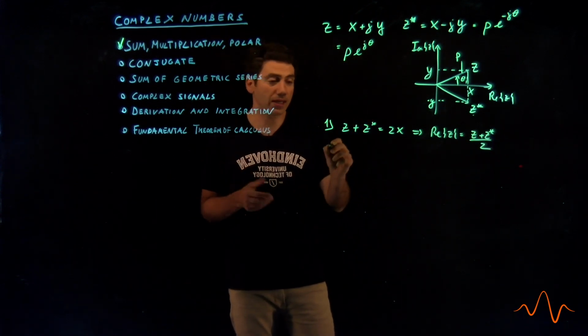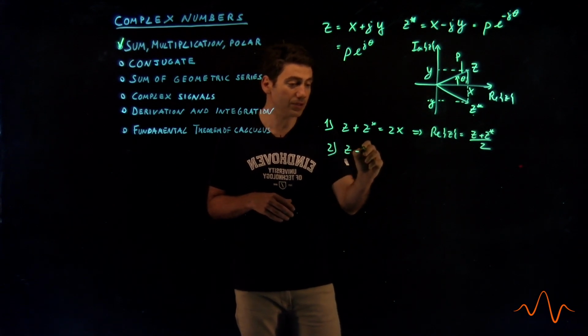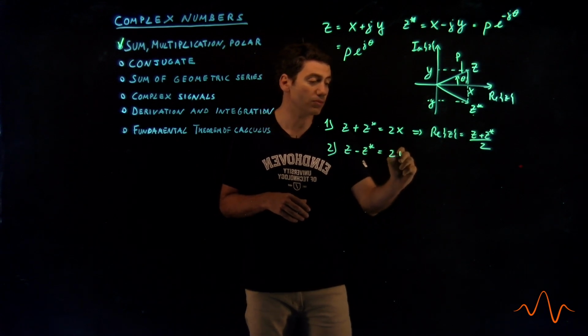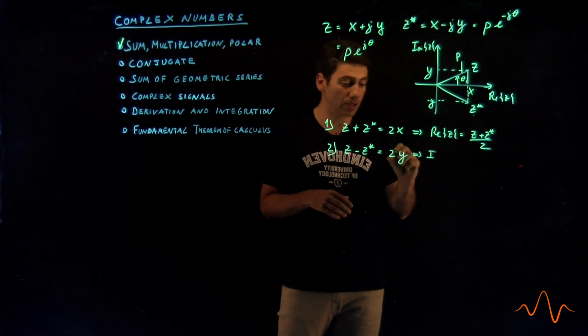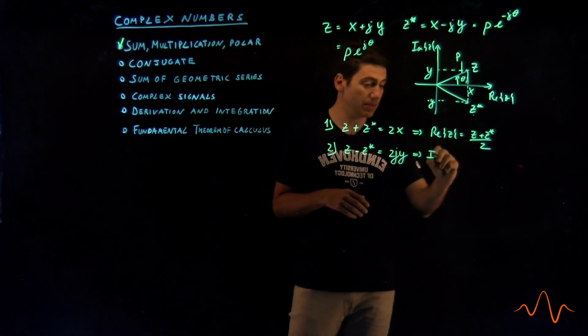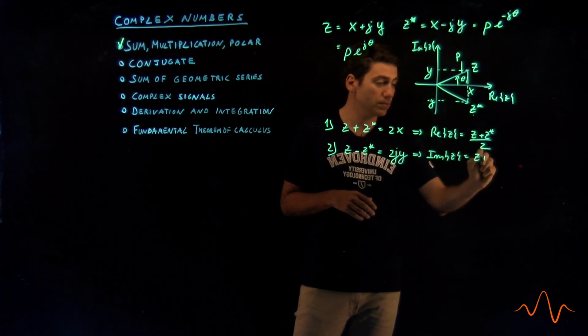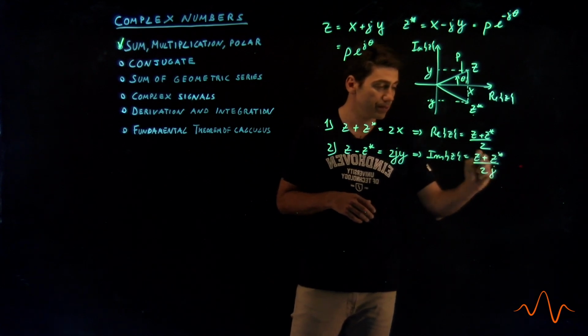If we want instead the imaginary part, this is nothing more than taking the difference between z and z conjugate, and this leads to 2 times jy. This implies that the imaginary part of z is z minus z conjugate over 2j.